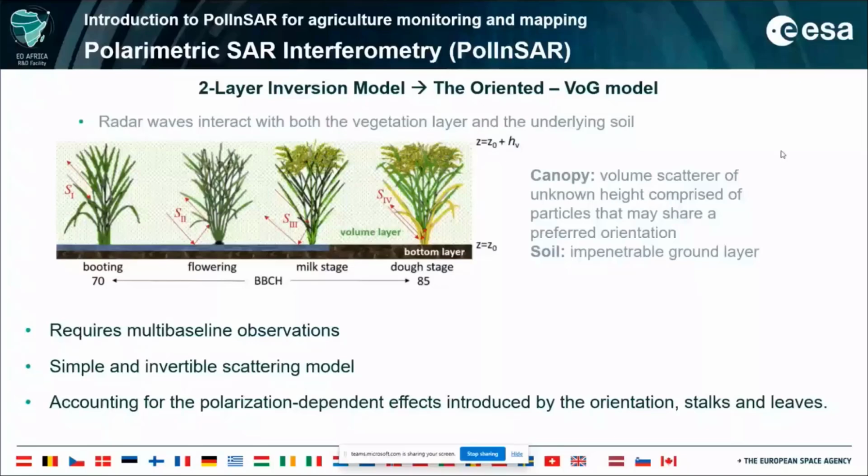And the vertical variation of scattered power in the polarimetric channels for a volume layer of height above a ground layer at a reference height z0, as you can see in that graph. This model requires multi-baseline observations, so it requires multiple observations to be implemented.